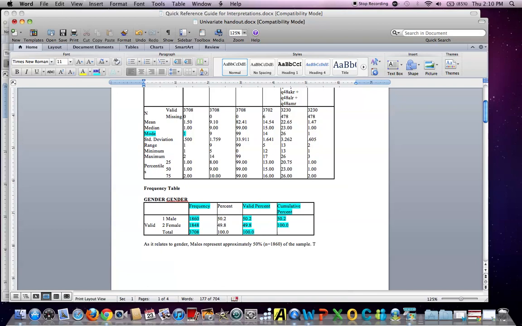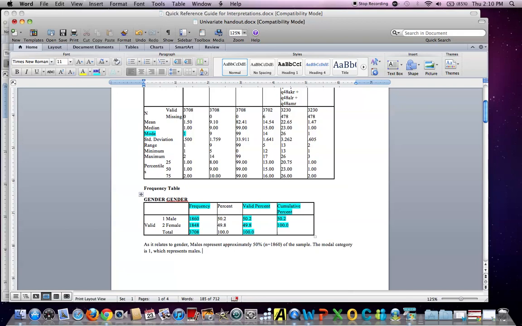The modal category is 1, which represents males. What is compelling about the data?